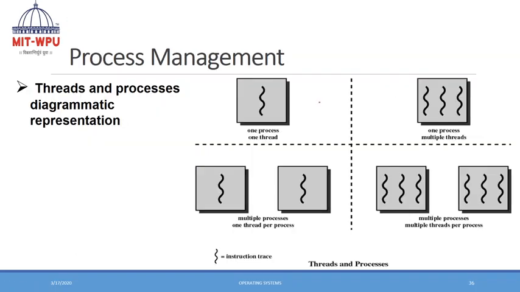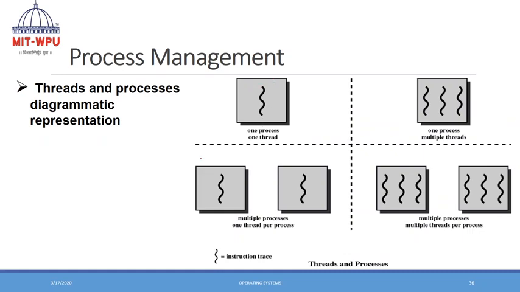Here we can see a number of examples for the threads and processes. If we look at this diagram, in this case an operating system supports one process with one thread. Means you can execute a single process at a time with a single thread, which we call the main thread, created for that process.